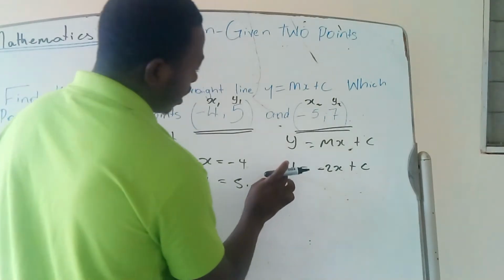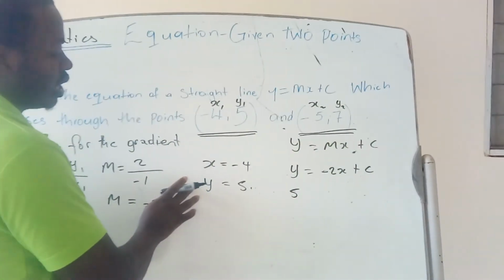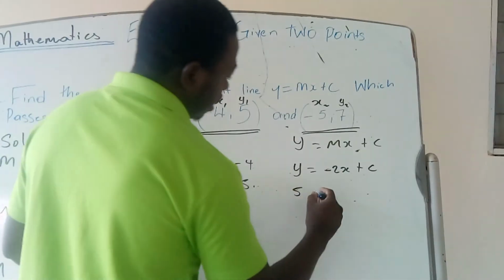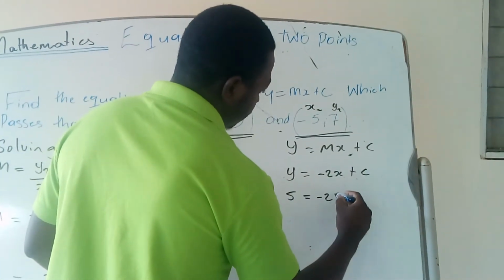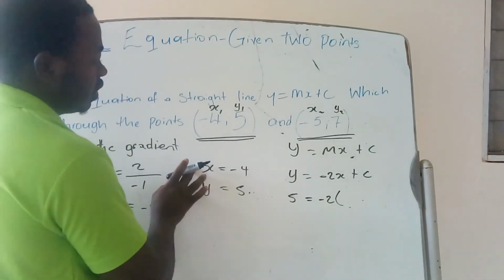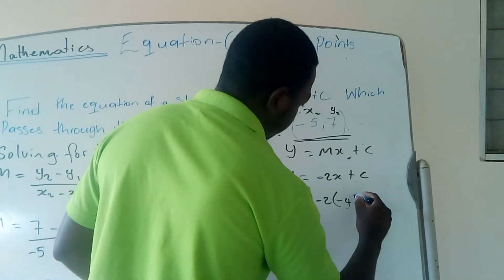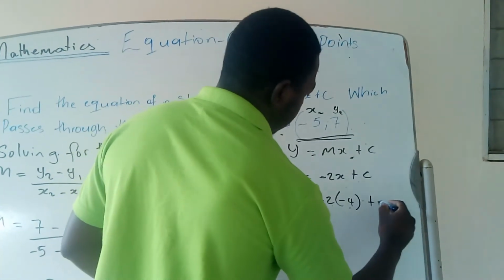So instead of writing back y, I'm going to write 5, because you can clearly see that y is equal to 5. So 5 is equal to negative 2. Open a bracket to show the substitution. This is x. X here is equal to negative 4. So this is negative 4 plus c.